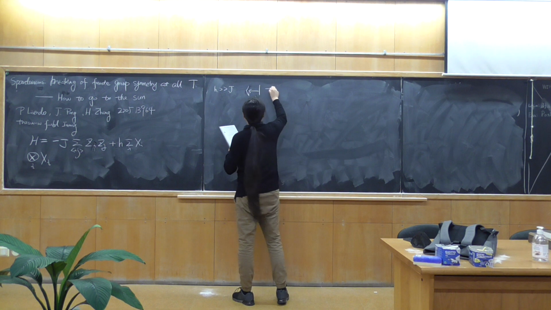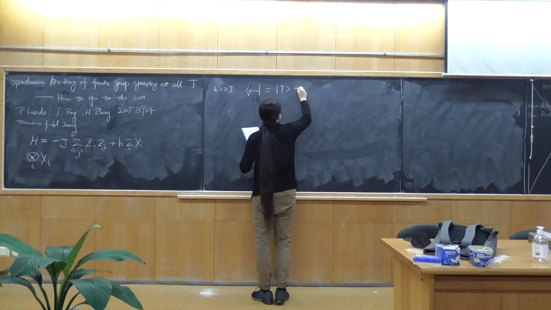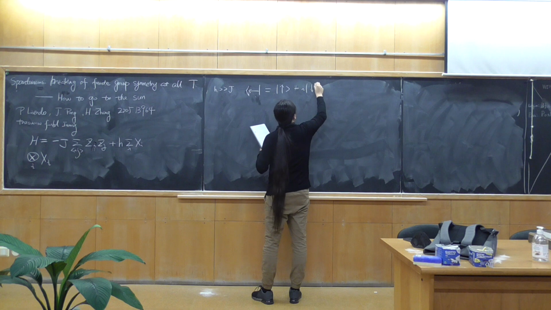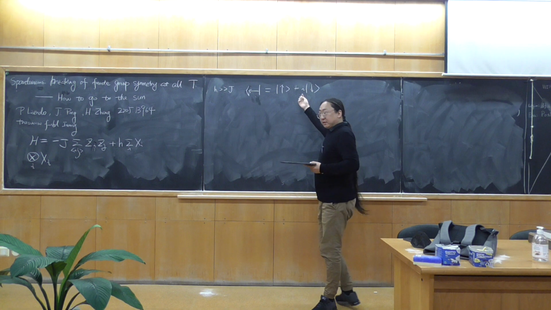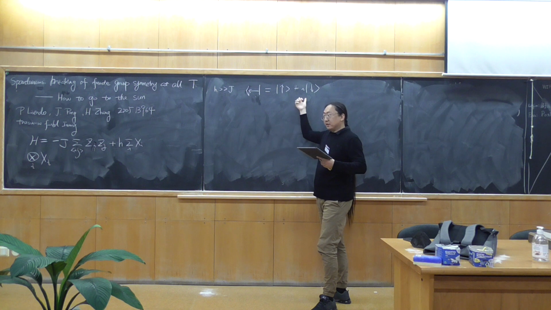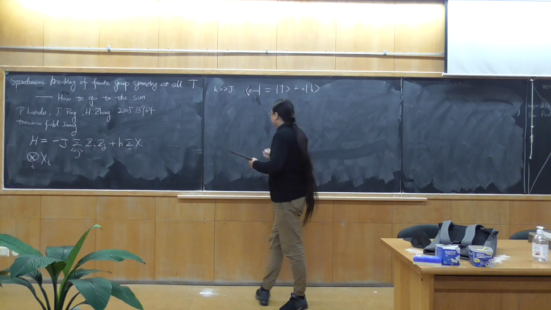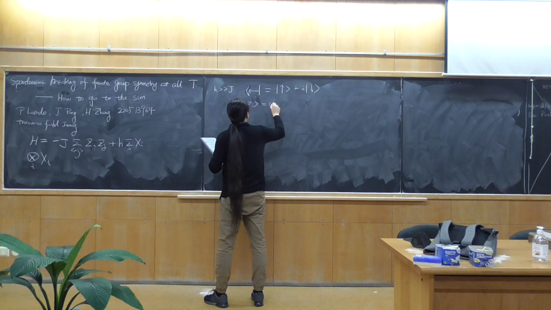It will be a superposition of the upper spin state and the lower spin state. Since it's a mixture of upper and lower spin with unit amplitude for each of the states, if you measure the expectation value of Z_i, you will get 0.